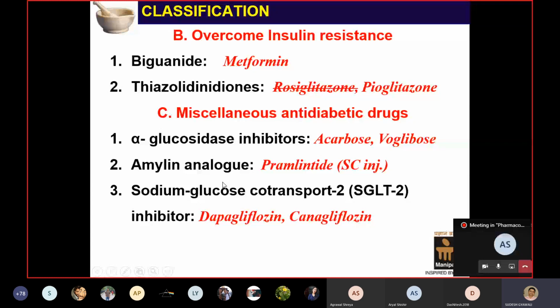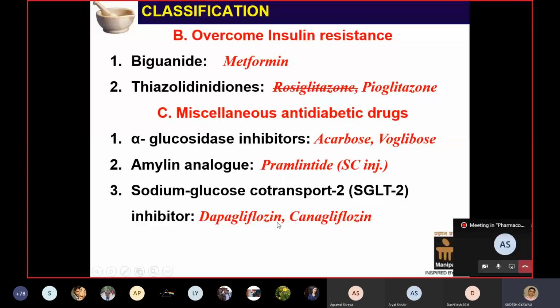It has promising potential. But since it is a newer drug, the physicians are not very confident about this. Even though a lot of research is going on about this drug, it has still not been added in some of the guidelines.